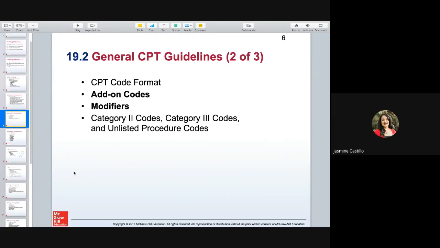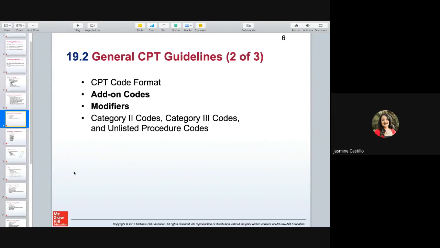So an example of a Category 3 code would be an implantation of a total replacement heart system, or an artificial heart. It's a temporary situation. It's not permanent. We can't permanently implant an artificial heart into somebody. It's only there to bypass until we can get a heart for the patient. So your Category 3 codes are temporary codes, okay?